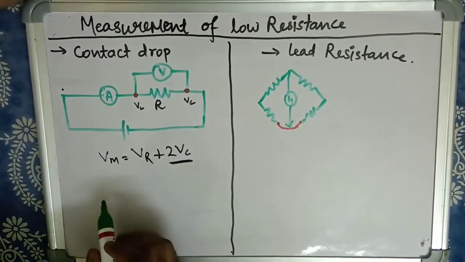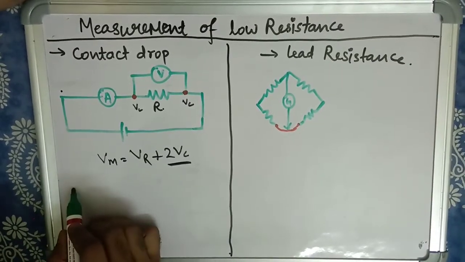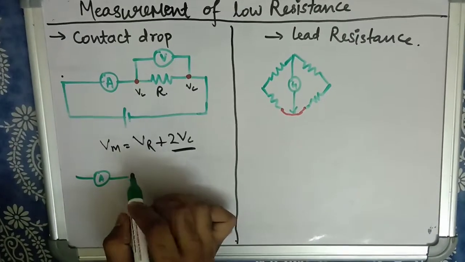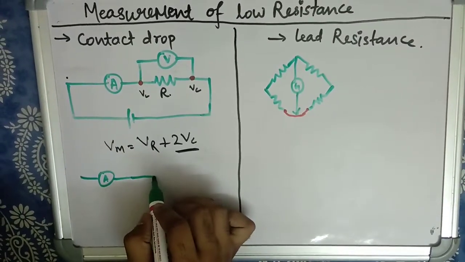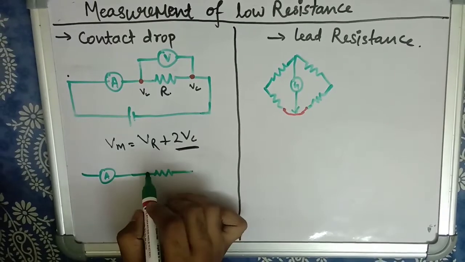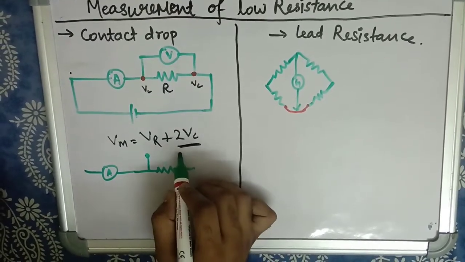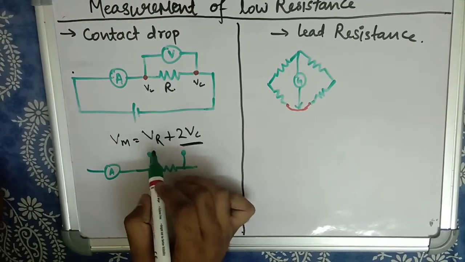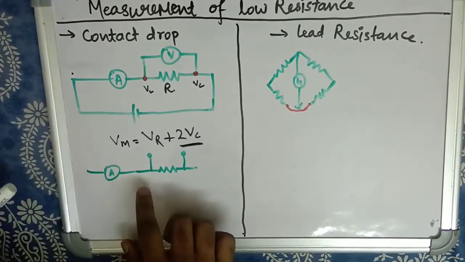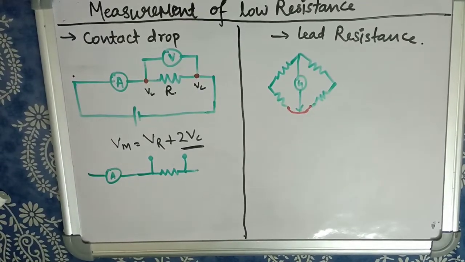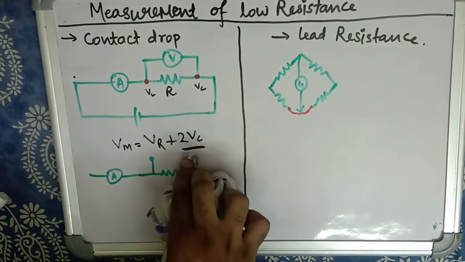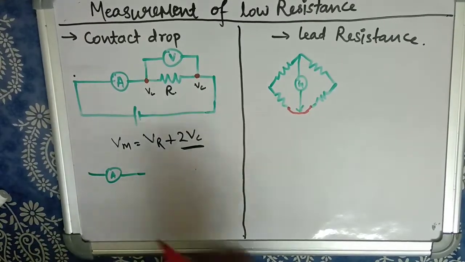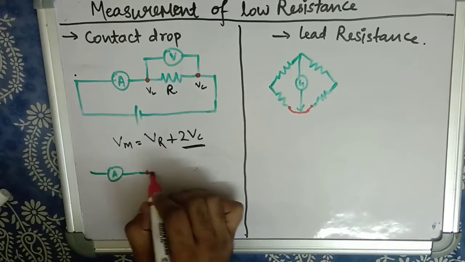To reduce this error, another method that we studied is the four terminal resistance. For the four terminal resistance, these are the terminals of the resistance, so this drop is reduced here.